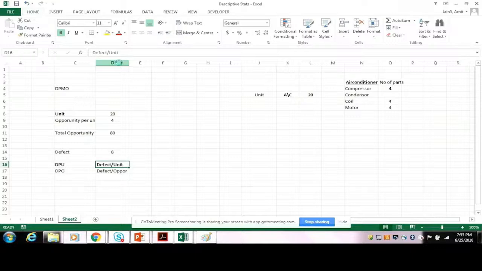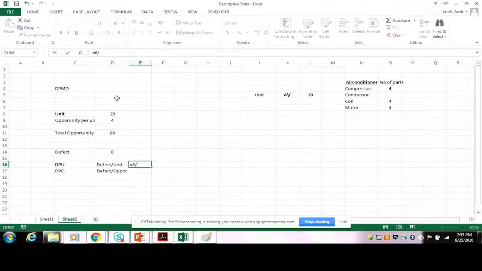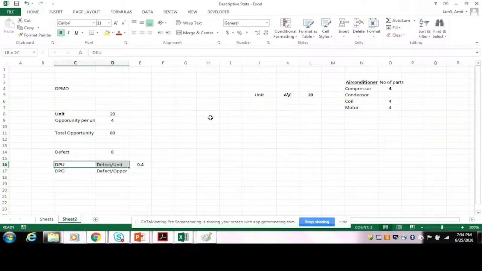What we take for calculating DPU is the total number of defects divided by the total number of units, which is 20. So this is 40% or 0.4. Right. So that's the defect per unit figure.